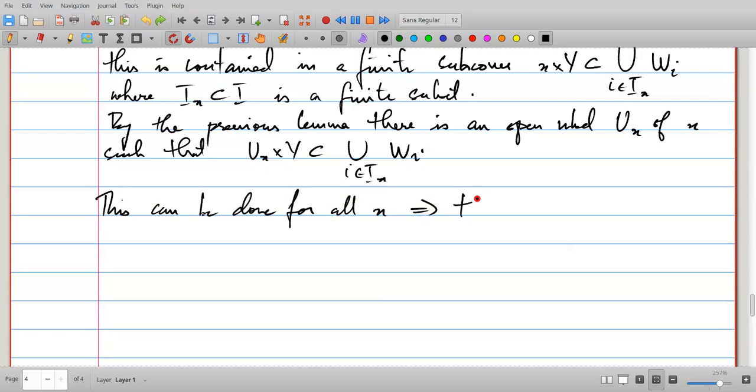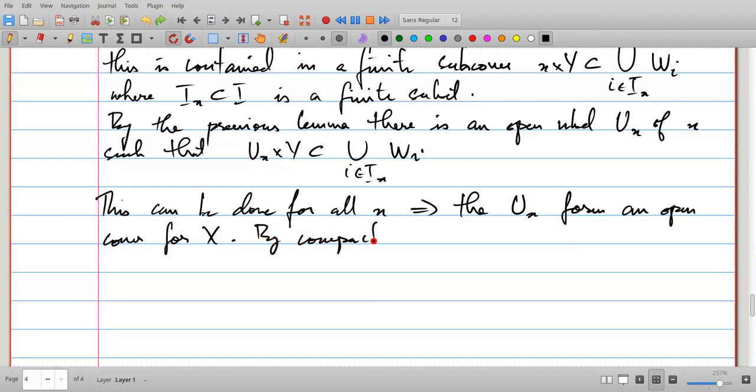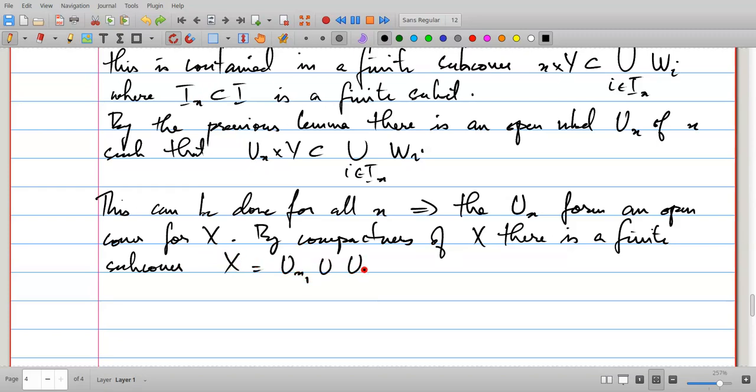So this implies the U_x's form an open cover for X. So by compactness of X, there is a finite subcover. So we can write X as U_x1 union U_x2 union.